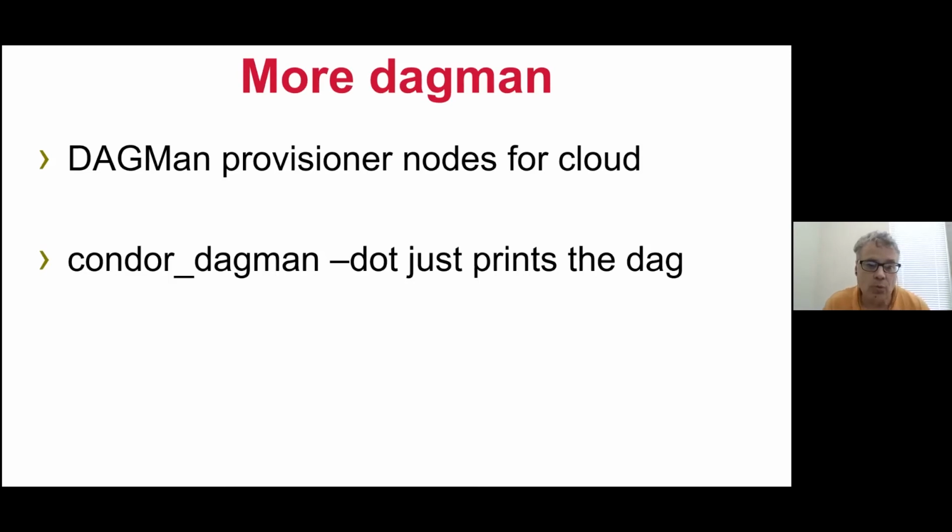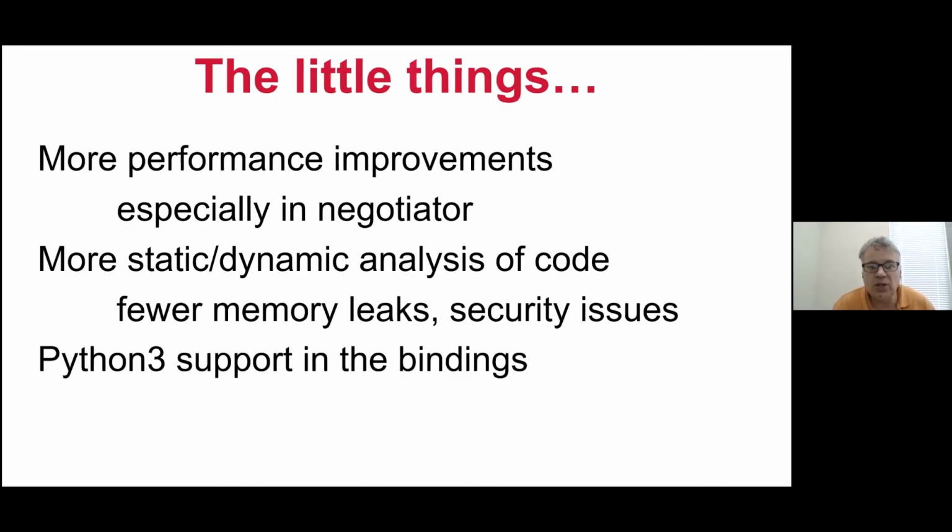Now, if you run Condor DAGman-dot, it just prints out the DAG. So if your users are trying to debug their DAGman or want to see what they look like, or maybe you want to show off to a funding agency, Condor DAGman-dot will print this pretty DAG without running the whole DAG.